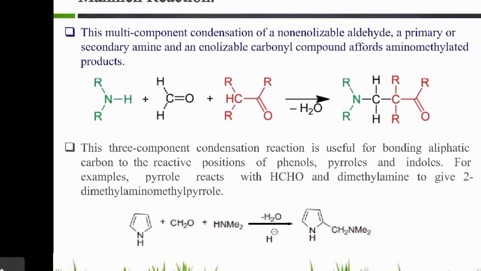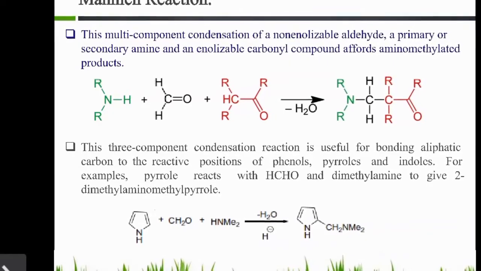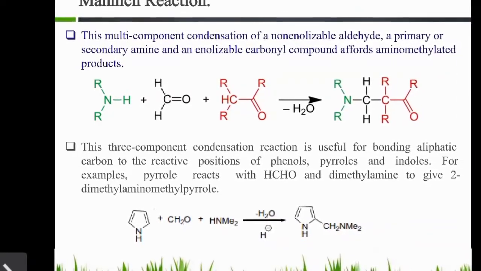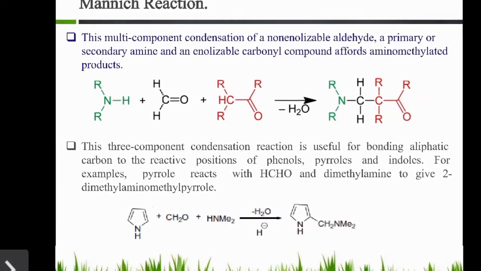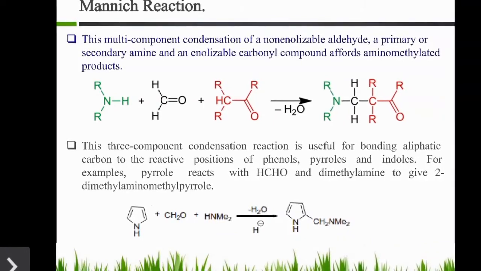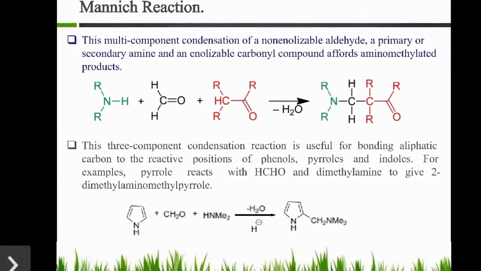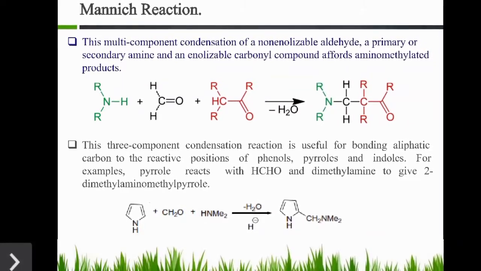This 3-component condensation reaction is useful for bonding aliphatic carbon to reactive positions of phenols, pyrroles, and indoles. For example, pyrrole reacts with formaldehyde and dimethylamine to give 2-dimethylaminomethylpyrrole. So this is how the reaction will be.